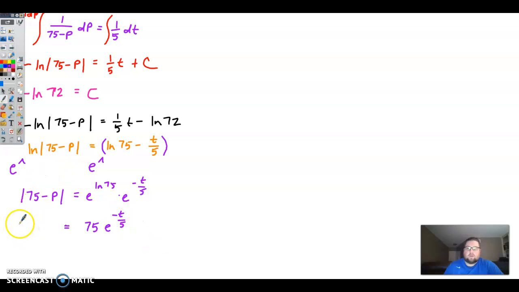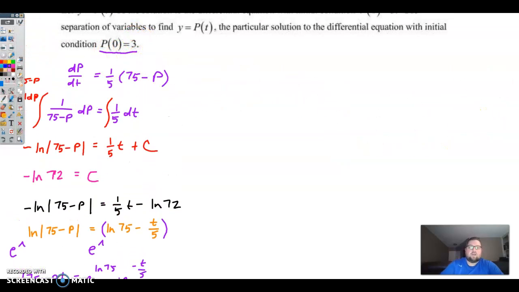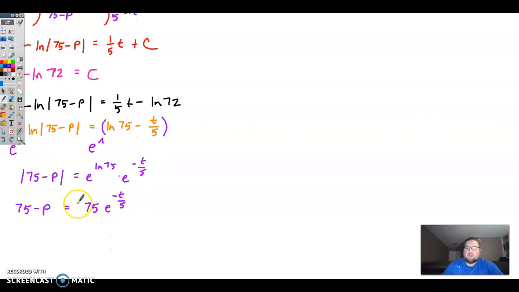And then we can drop our absolute value bars, but we have to decide whether this is a plus or a minus. So back to our initial condition that we plugged in, it was a positive 3. So if I'm going to get a positive number, I need a positive variable. It's always going to be the same sign as the initial condition. So if the initial condition is negative, you're going to put a negative there. If it's positive, you're going to leave it positive.